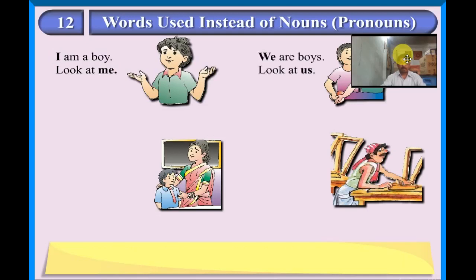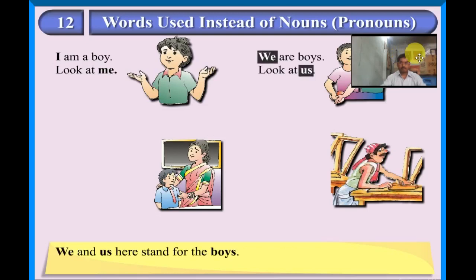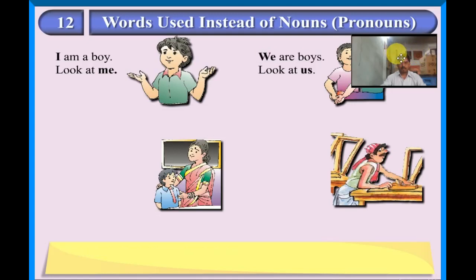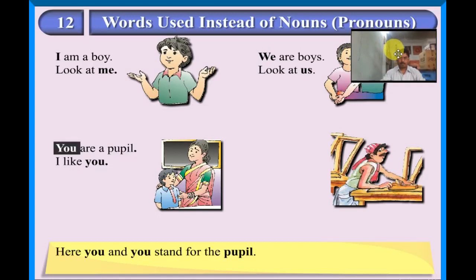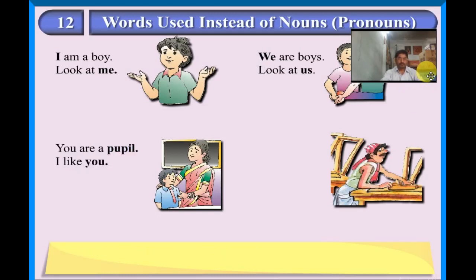We are boys. Look at us. We and us here stand for the boys. You are a pupil. I like you. Here, you and you stand for the pupil.